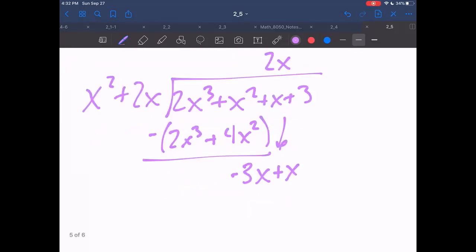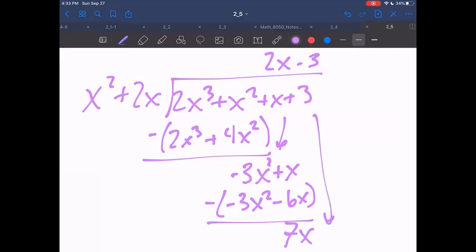So then our x squared plus 2x will go into this negative 3 times. So we get minus negative 3x squared, minus 6x, which will give us a positive 7x, and then we bring this 3 down.